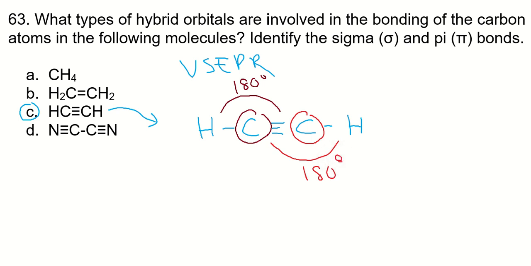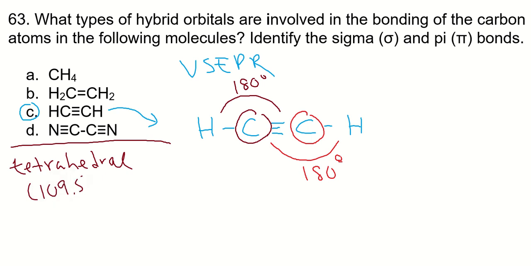So now that we know the bond angles around the central atoms, we can apply our, if you want to call it a cheat sheet, I'll do that right off here to the side. This is how you quickly answer these kinds of questions. When you need tetrahedral, or 109.5 degree bond angles around the central atom, you're going to need sp3 hybridization.